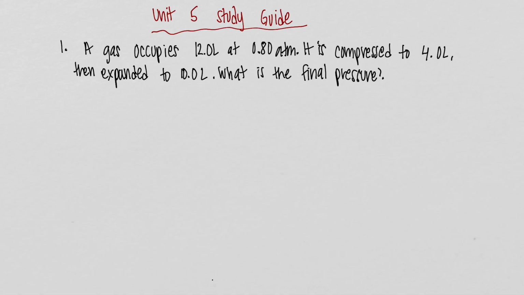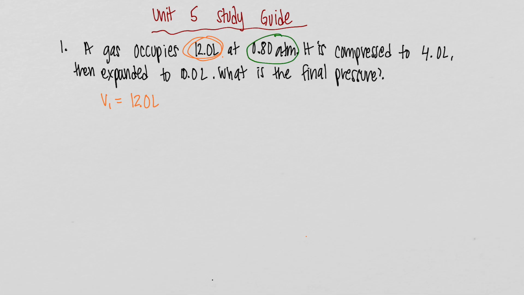So here we have to realize there's a lot happening. So first they're telling you a gas occupies this at this pressure. So let's write that down real quick. So here, 12.0 liters. Because of the liters, we know that's volume. And because that's where we're starting off, it should be our initial volume. So 12.0 liters.